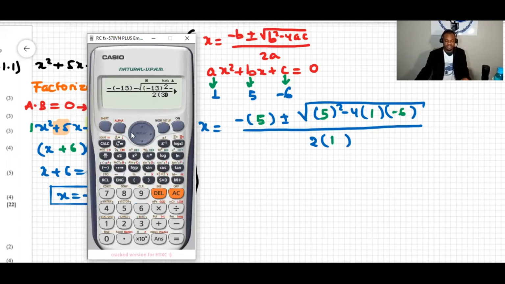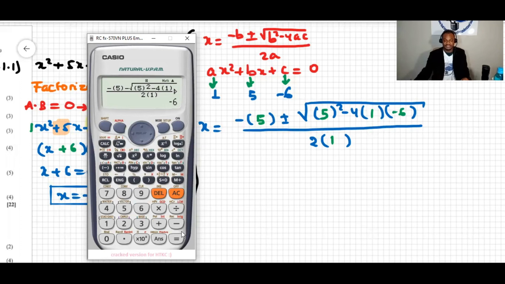On the calculator, we enter the value of b, then b squared, so 5 squared, minus 4a, which is 1, and c equal to negative 6, and then over 2a, where a has the value of 1.